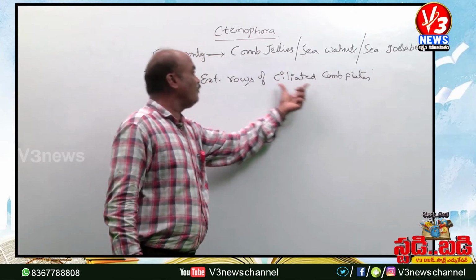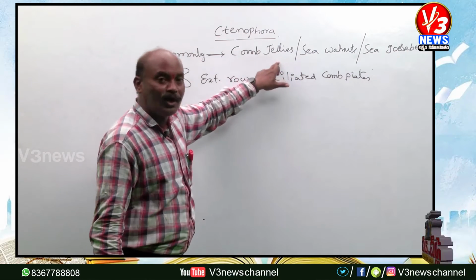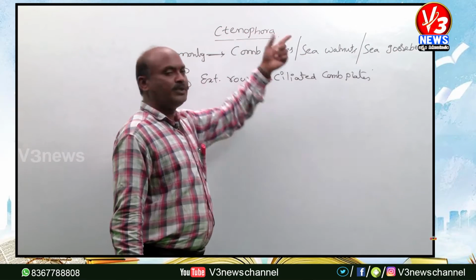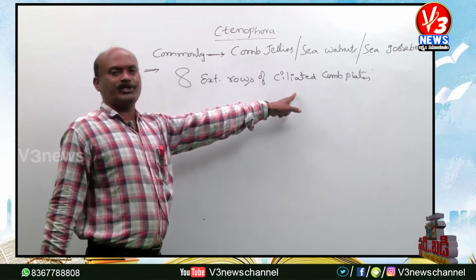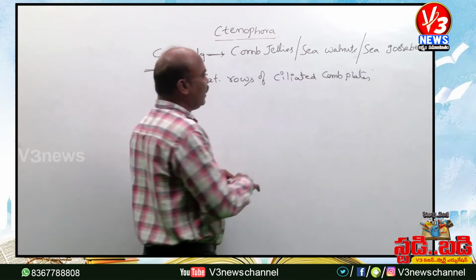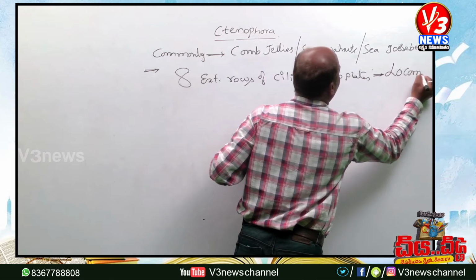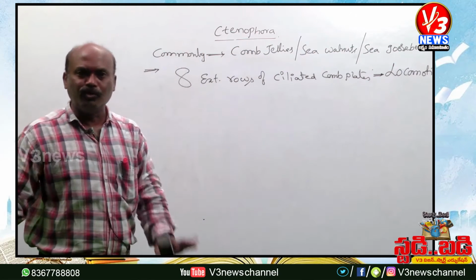Because of the presence of these comb plates, they are commonly called comb jellies. Hence the name given to that group, Ctenophora. What is the function of these comb plates? Simply, they are useful in locomotion.